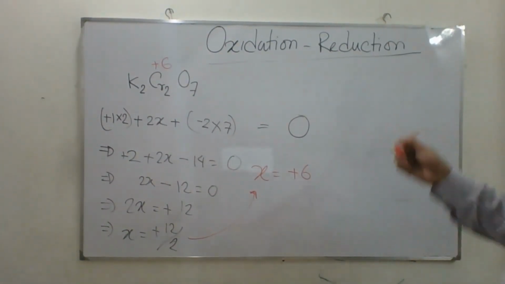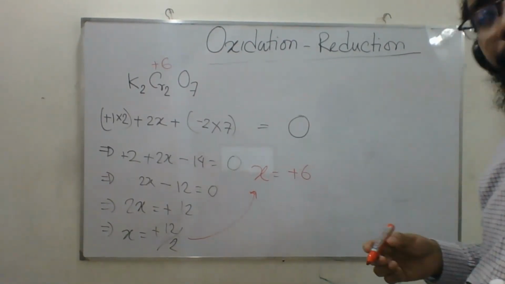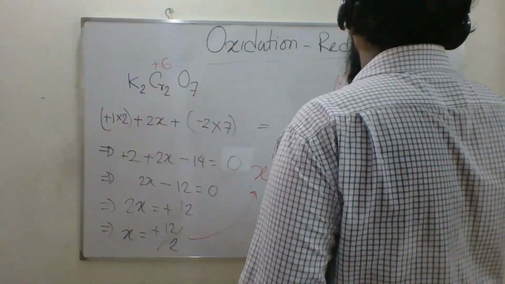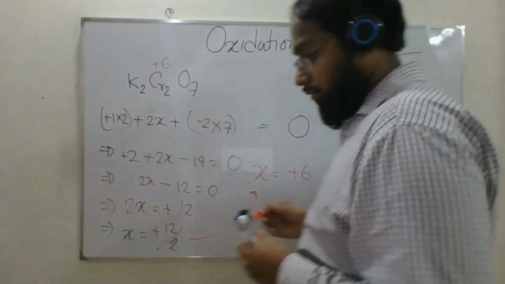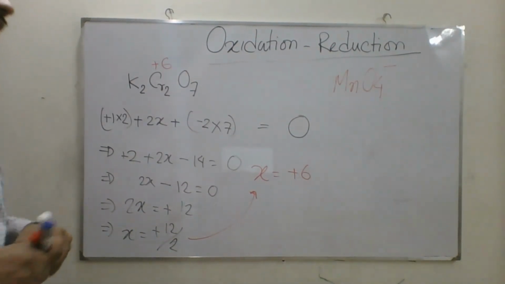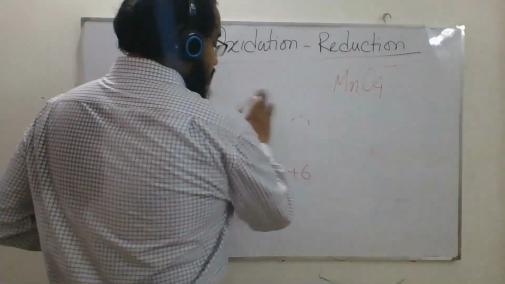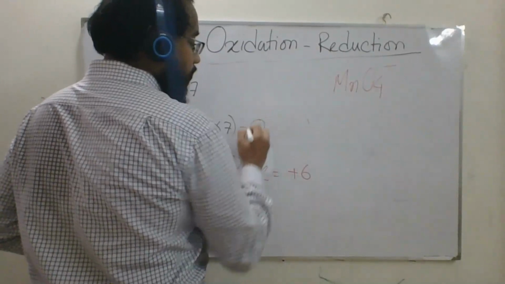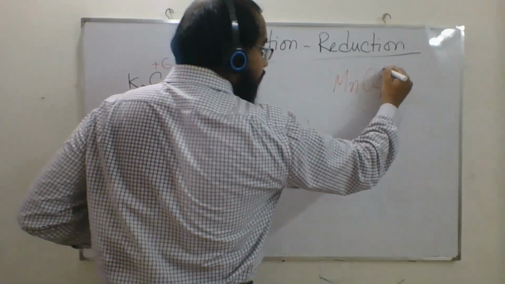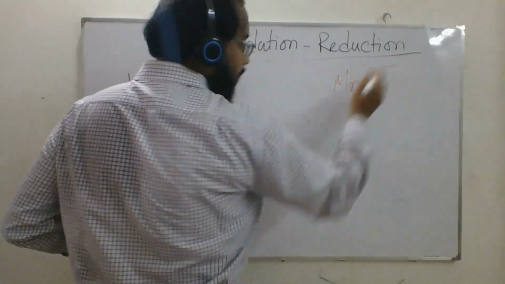Okay, now suppose there is an ion, MnO4 minus. How do we find its oxidation number? Easy. Like we said, the oxidation number of an ion is equal to its charge.